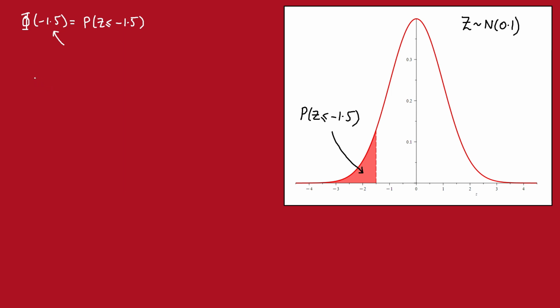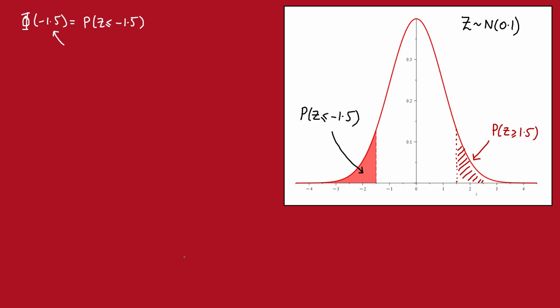So what we could do is use the fact that the standard normal distribution is symmetric around 0. So the probability that z is less than or equal to minus 1.5 is the same as the probability that z is greater than or equal to plus 1.5.